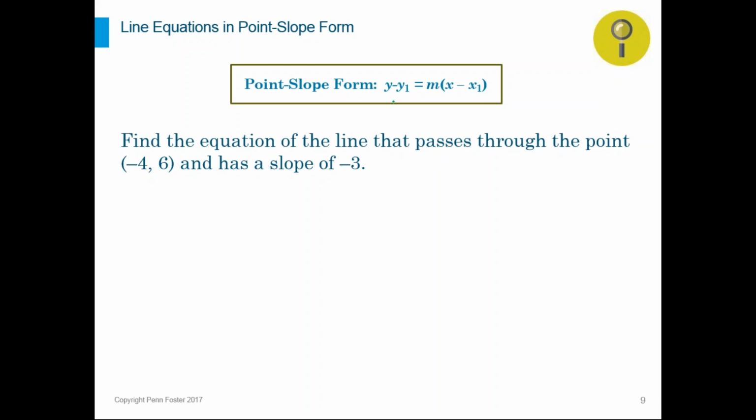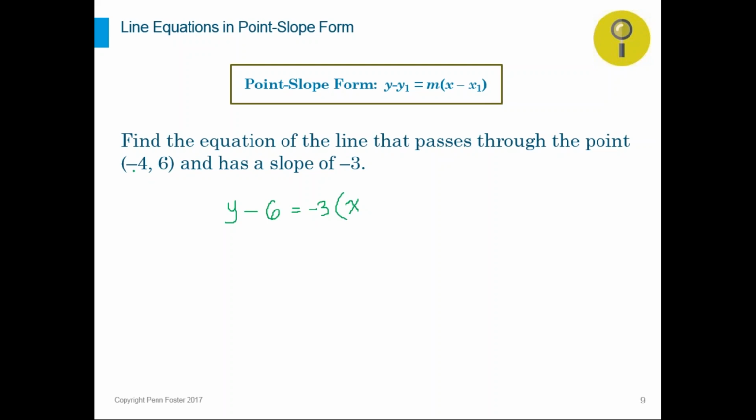So by looking at the form itself, it says I have to have a y and then a minus. The y coordinate of the point is 6. It's not -4. Well, y1 appears first in the equation, but we need to make sure we pick the right coordinate. It's 6. So y minus 6 equals m, which is the slope, -3, times x, the variable, and then minus x1.